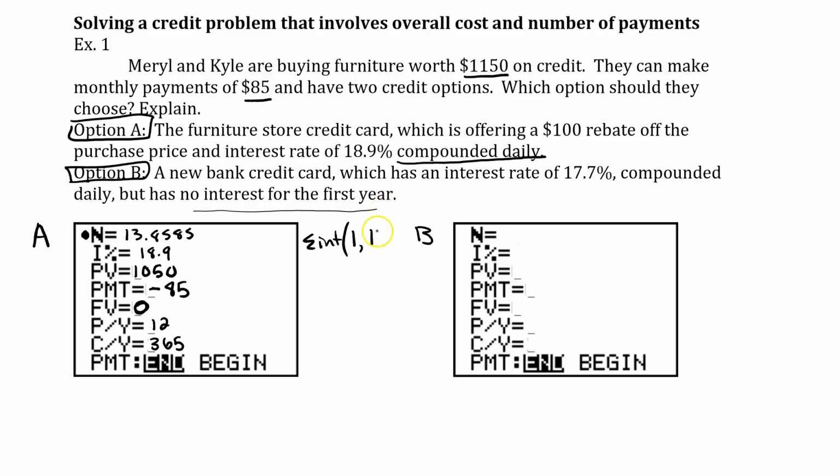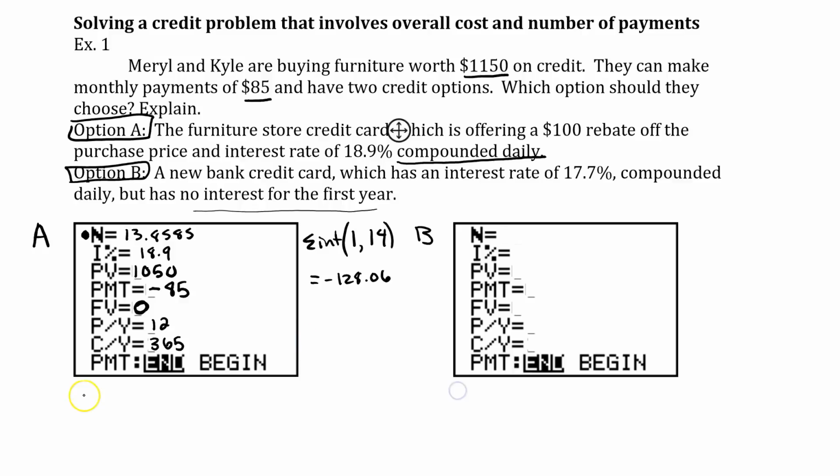Some people on the test, what they were doing is they're going from 4 till not the final one. You want to go from the first one to the last one when you want to find out how much interest you're paying over the entirety of the loan. So it's going to be negative 128.06.